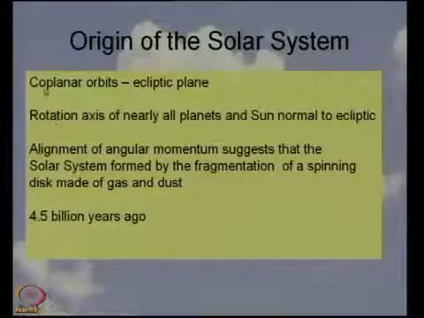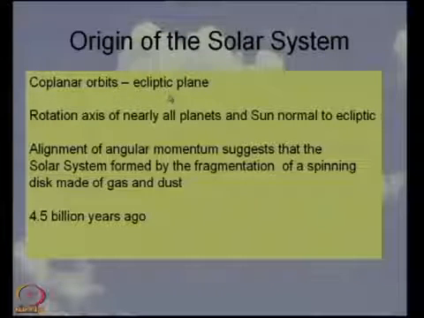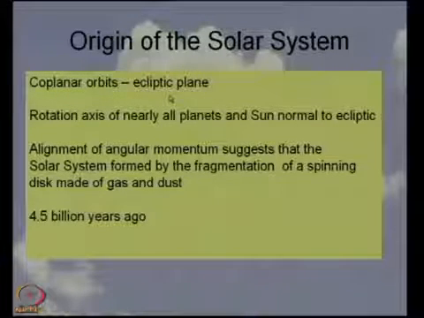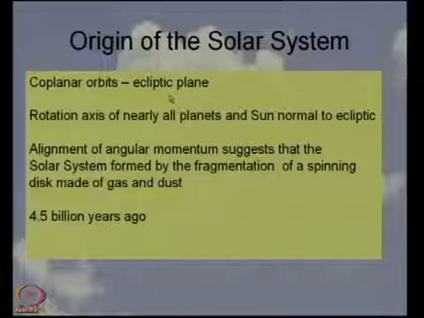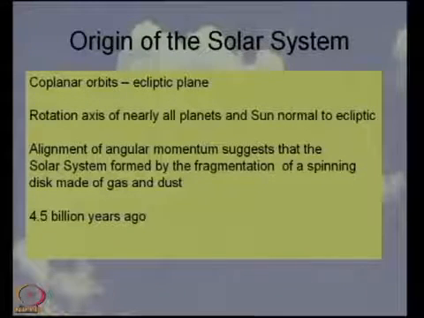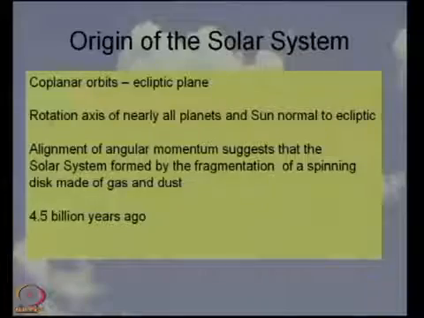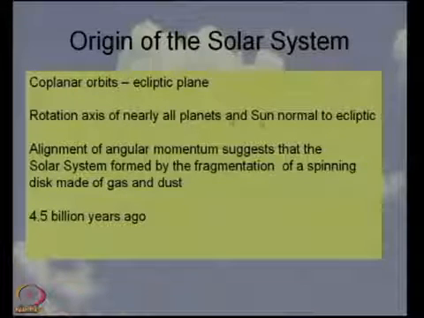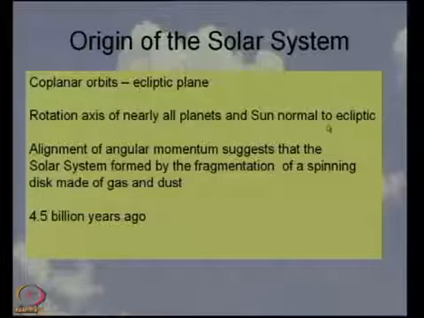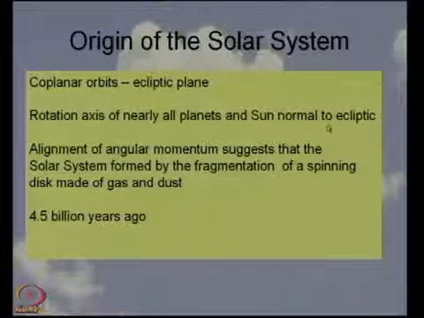We see that the orbits are all coplanar, that is one bit of information. So, they all revolve in the same plane and the directions of the orbital angular momentum are all the same. Second thing is, the rotation axis of nearly all the planets and the sun are normal to the ecliptic plane.